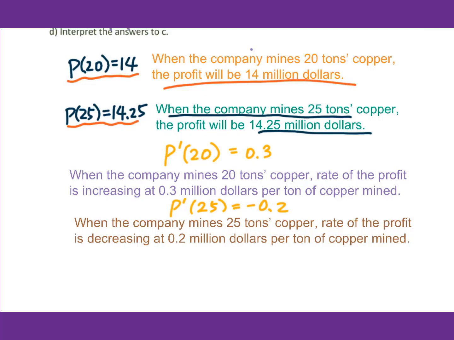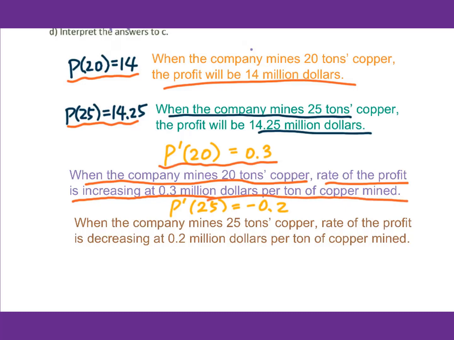For P prime of 20 equals 0.3, remember P prime means rate of change. So when the company mines 20 tons copper, the profit is increasing at $0.3 million per ton of copper mined.